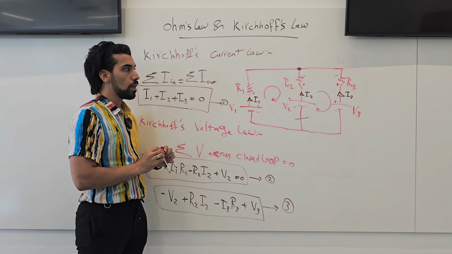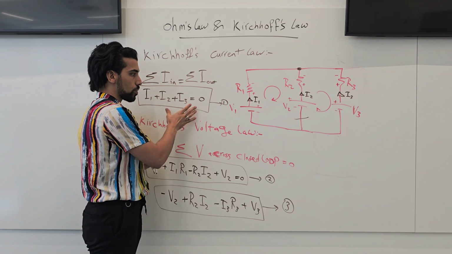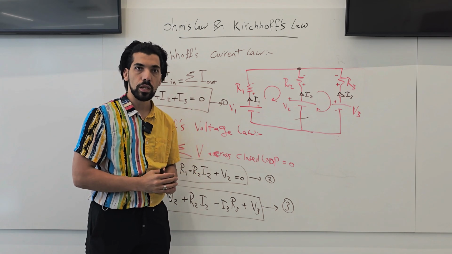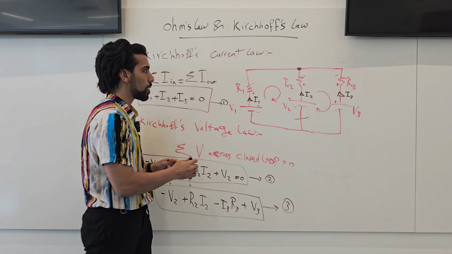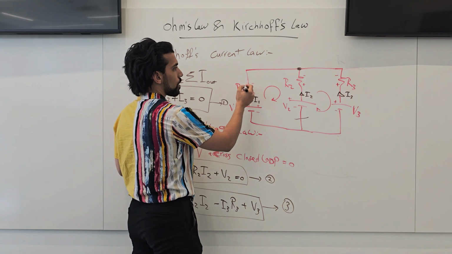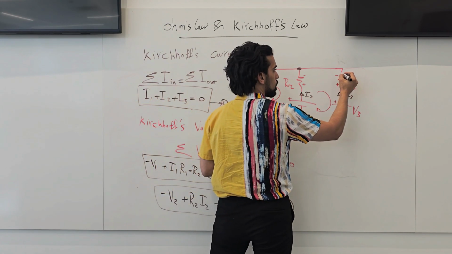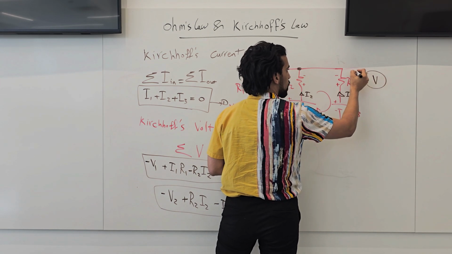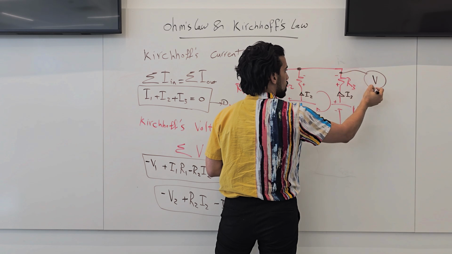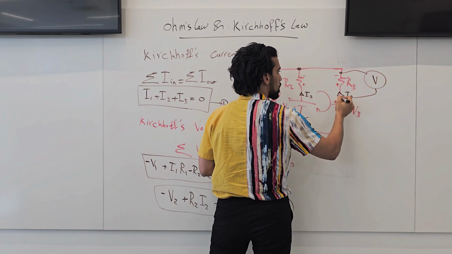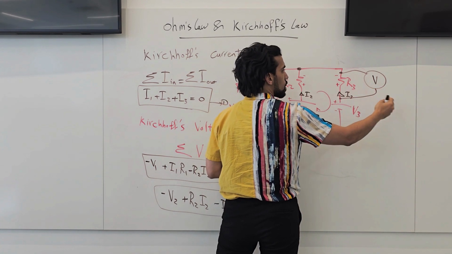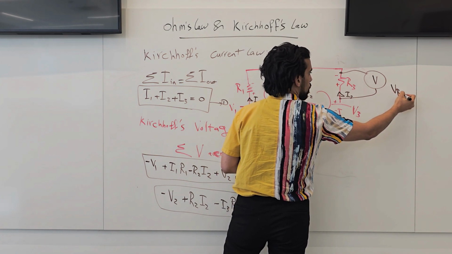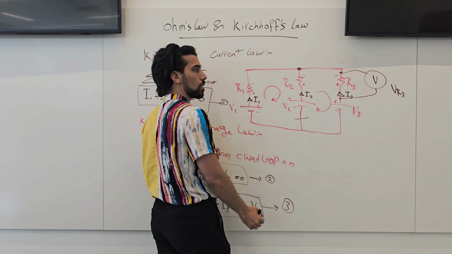So this is basically a summary of the circuit used in this lab and how to evaluate the currents. Also, instead of using these equations, you can measure the currents using the digital multimeter. Let's say we are measuring the voltage: we put the probes in parallel to this resistance, and we find the voltage on the third resistance.